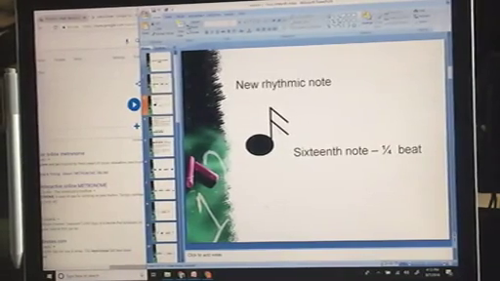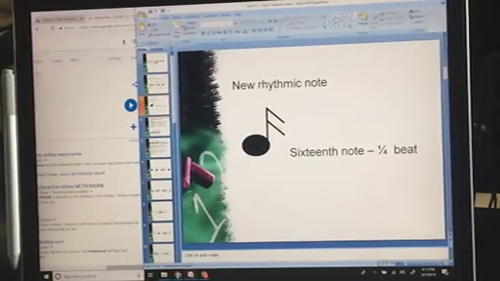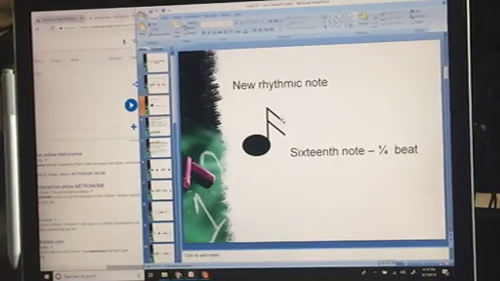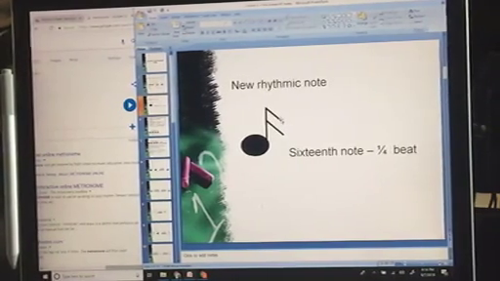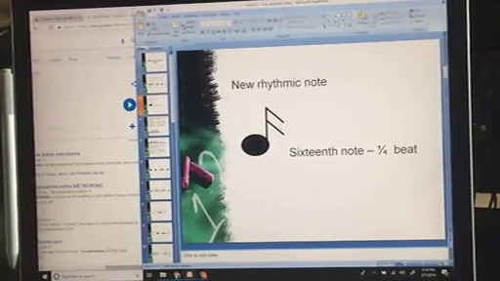Say flag. A 16th note has two flags, which symbolizes that these notes sound faster than eighth notes. Eighth notes only had one flag. So they were kind of fast, but the more flags you have, the faster the note sounds.